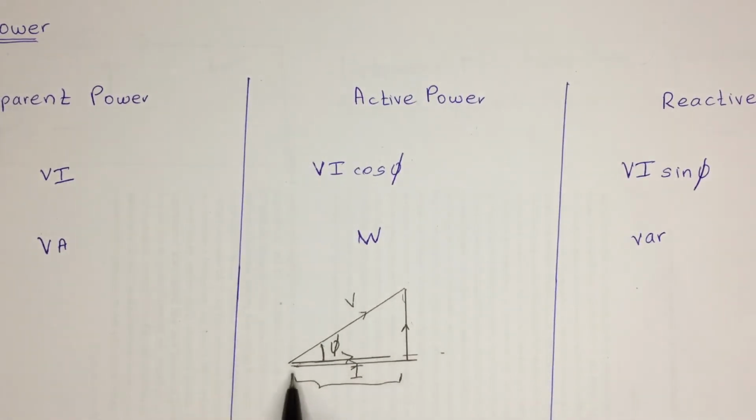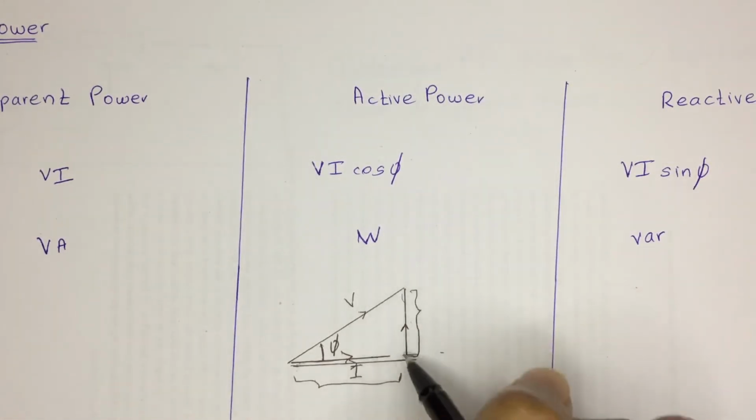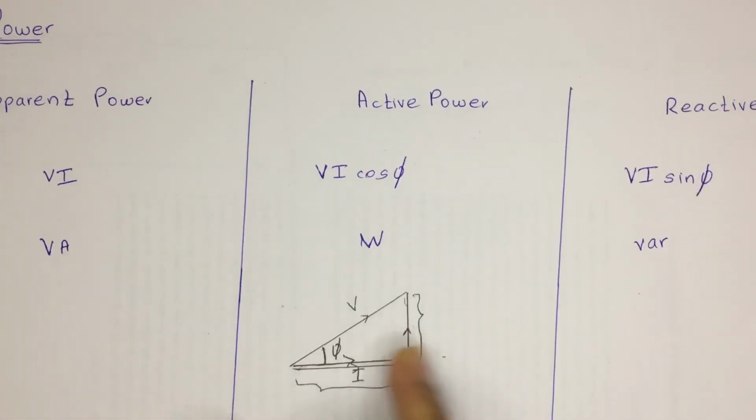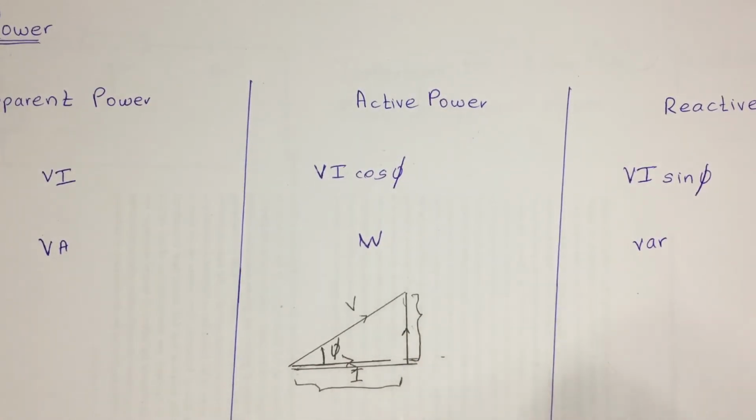The voltage across that resistance would be this, and this would be the voltage across that inductor. As voltage is leading, we can tell inductor. Either it can be capacitor, it also consists of capacitor, and don't mind that. However, here you can directly tell this part is going to be the resistor part, the voltage across the resistor. How we can get this part is V cos phi.